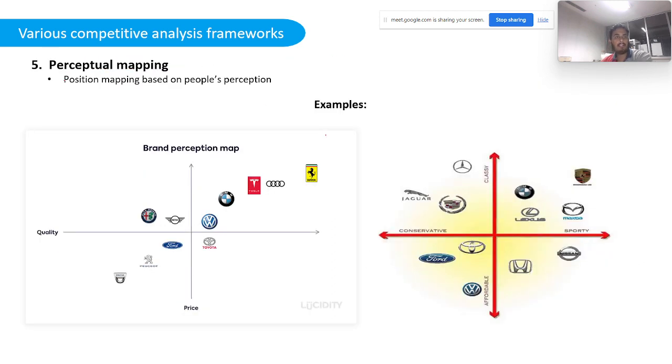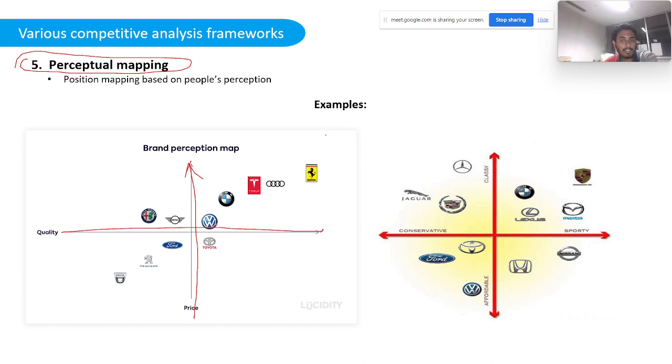Another one is perceptual mapping, which is mapping people's perception about certain qualities in two-dimensional coordinates. For example, here we have a coordinate system, price versus quality, and you try to map various car companies to where you can position them.